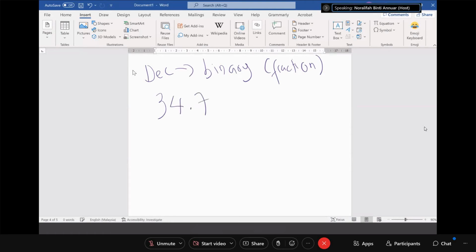Kita dah buat 34, sekarang tukar. In binary, berapa jawapan dalam binary? Cepat buat. Lepas ni nanti kita buat hexadecimal.